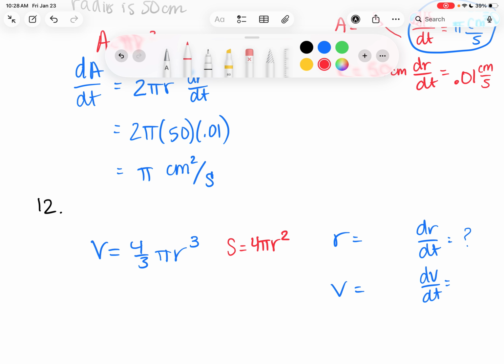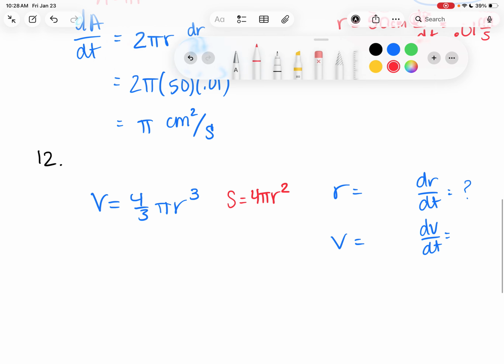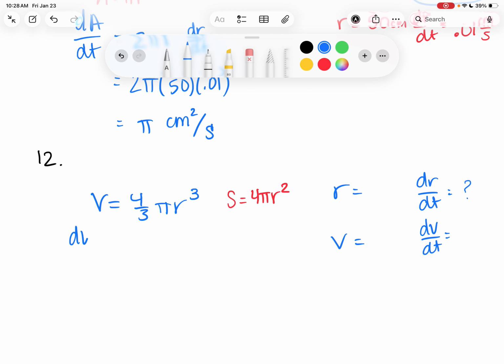All right, so I would say go ahead and find the derivative of this function over here. So dV/dt is equal to 4 pi r squared dr/dt.